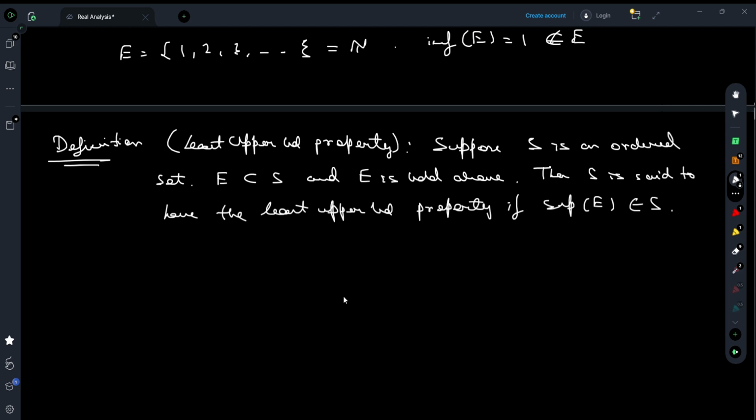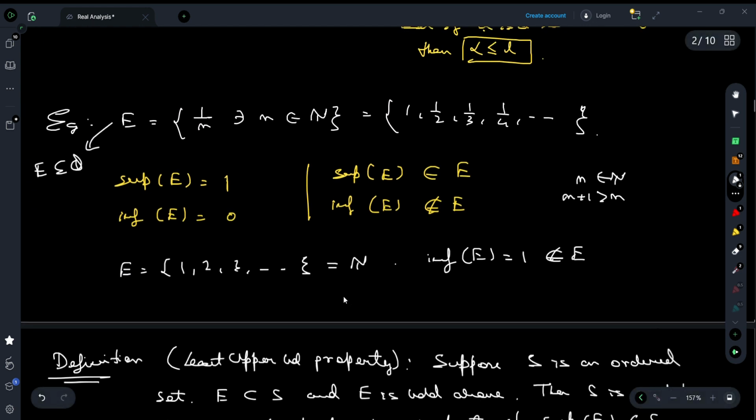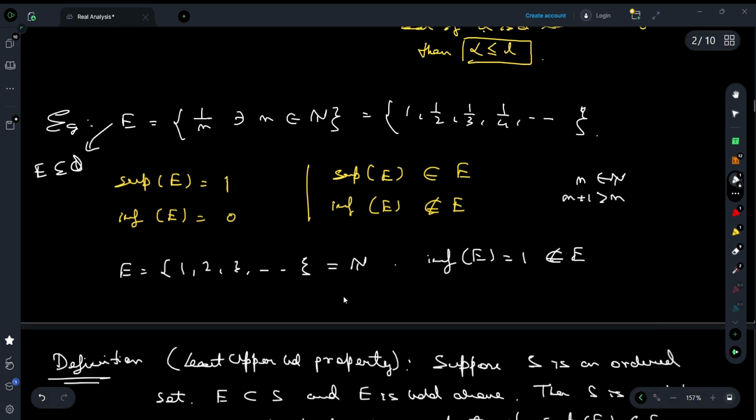What we actually mean to say here is that every bounded set in some ordered set has a least upper bound which is always there in the bigger set we are talking about. I'm just using this specific case to make you understand what we mean by the least upper bound property.